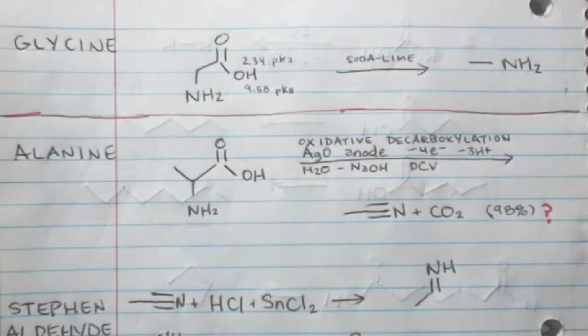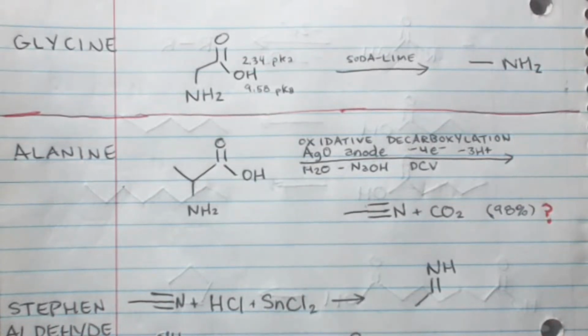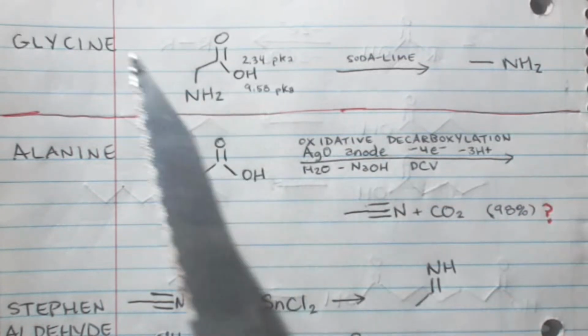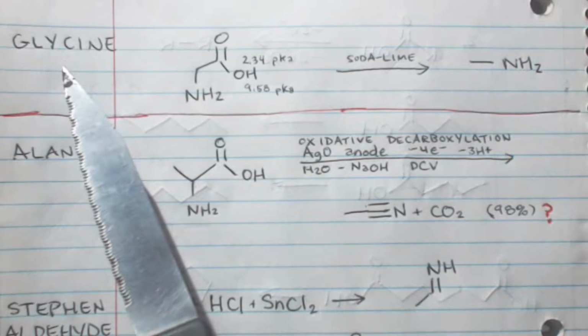Now, this top one, I'm unsure about this, but I think it might work. Basically, it's glycine. All these next couple examples are about amino acids, that you take if you're a bodybuilder type person. That's what proteins are made of. Proteins are chains of amino acids. This is the simplest amino acid.